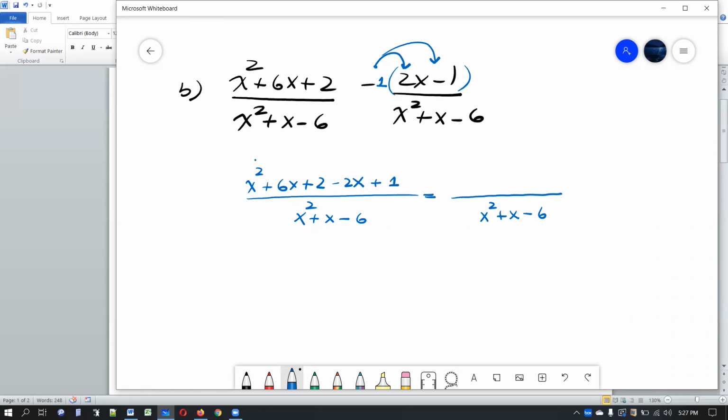x squared, combine like terms now, 6x minus 2x plus 4x, 2 plus 1, 3. So we make sure to see if we didn't make any mistakes. x squared plus 4x plus 3.